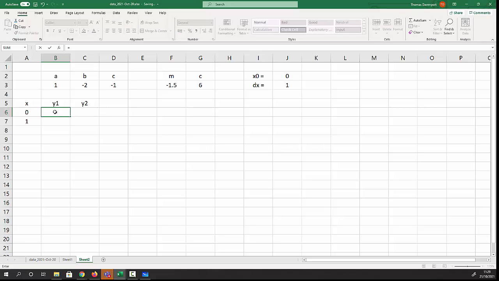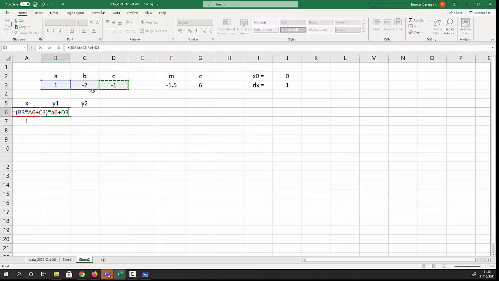The way you do nested forms is you take the highest order and you need one fewer brackets than that. So a quadratic is obviously x squared, so I just need one bracket, so it's going to be a times x plus b, close the brackets, times x, which was a6, plus c, which is that value there.